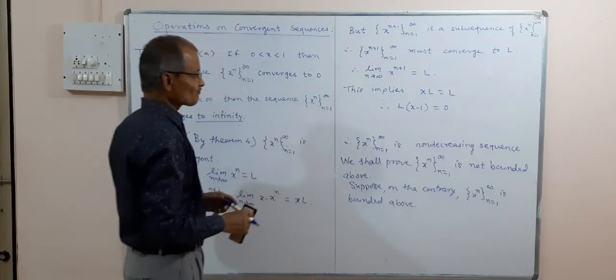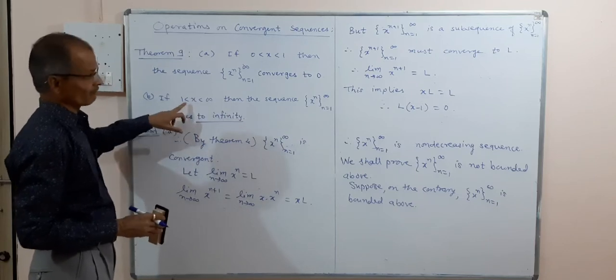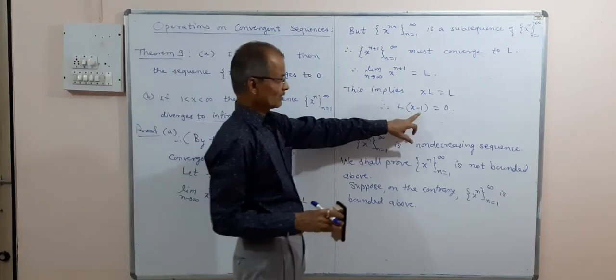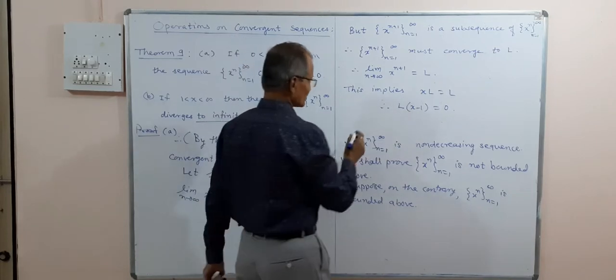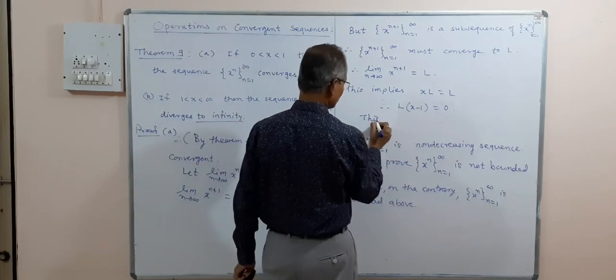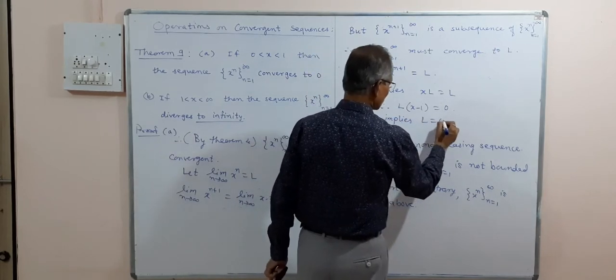And now you see what is the value of x? X is again greater than 1. So therefore x minus 1 is not 0. So this must be 0. So this implies L is equal to 0.